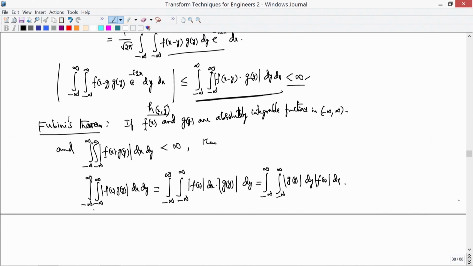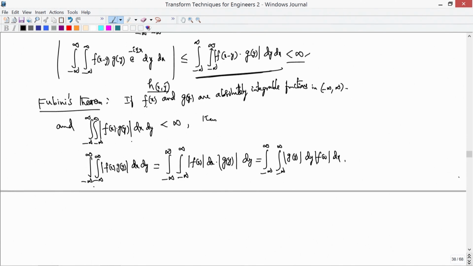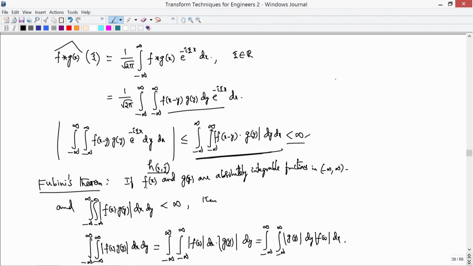The modulus of this is always less than or equal to the double integral of the modulus of f(x) g(y) dx dy, which is finite anyway.